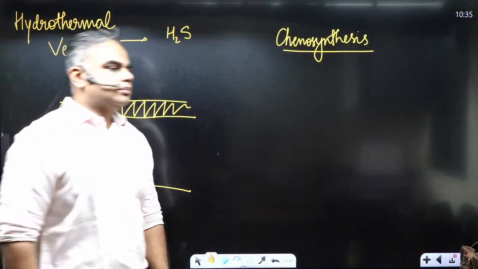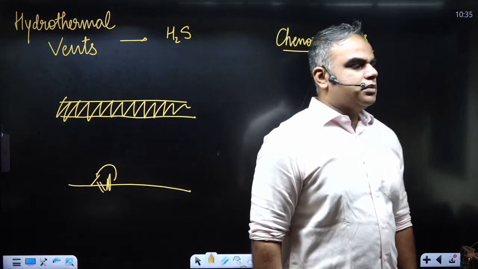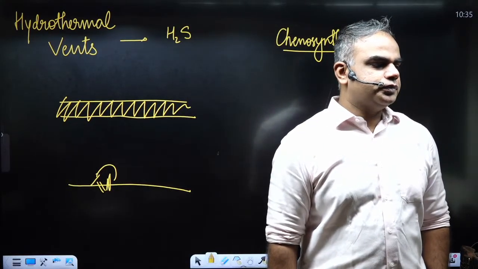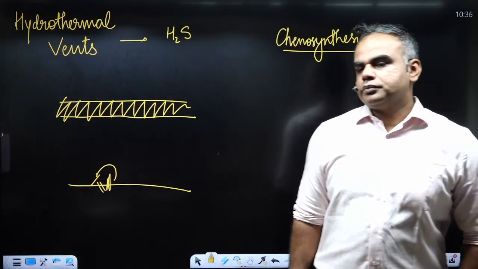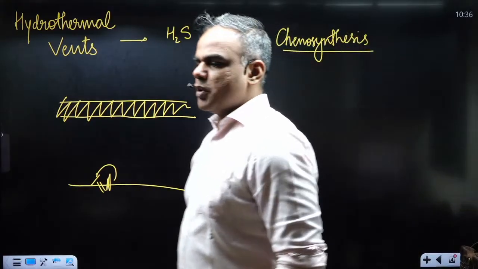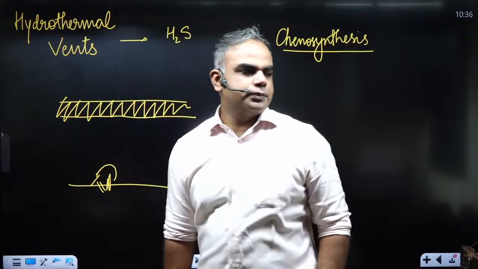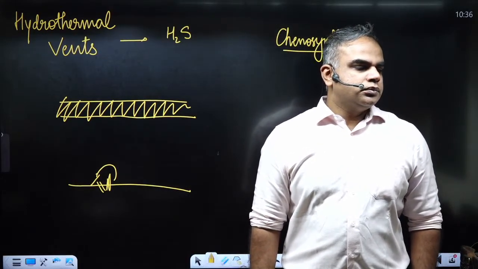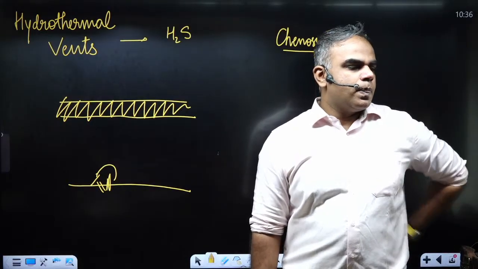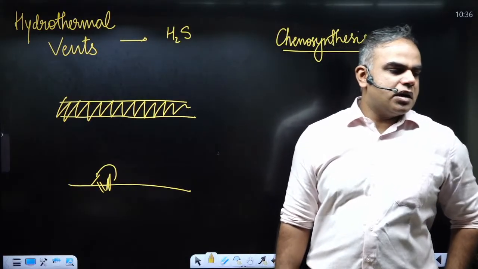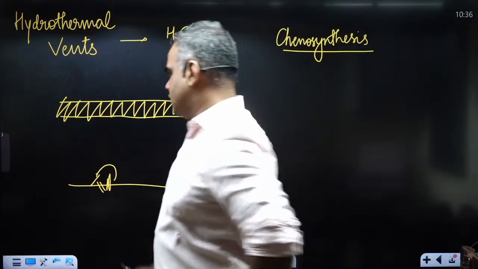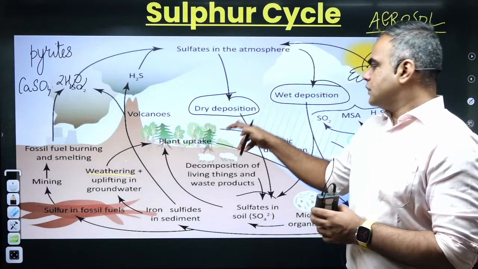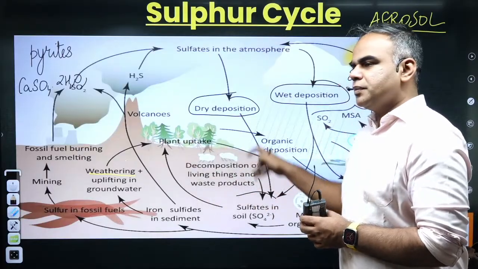Fourth, you can write deposition and sedimentation. So you can write atmospheric sulfur compounds. This is directly seen from the image also. See, this is deposition, and they are found as sediments.